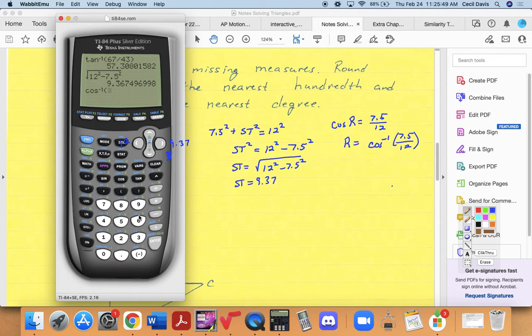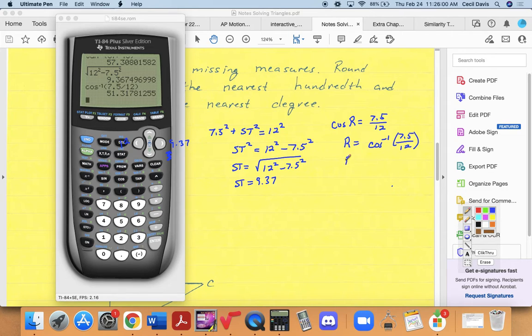So second cosine to get the cosine inverse of 7.5 over 12. And it said round that to the nearest degree. 51. So the measure of angle R is about 51 degrees.